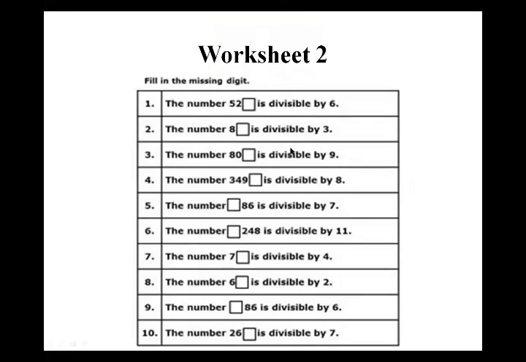In this sheet, you pick any number, but the number you pick has to fit. For the whole number, if you pick the number 1, then 5_1 is divisible by 6, so the missing number you pick here should make it divisible by 6.